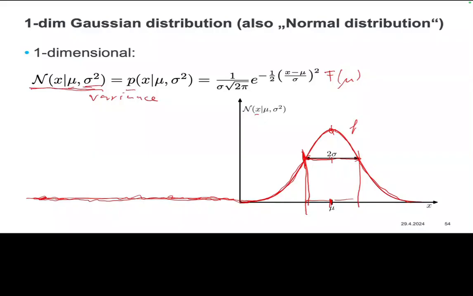And this probability density is described by an exponential of the difference from the mean value squared. And the width of this is described in this denominator by this sigma, which is the standard deviation, which squared becomes the variance.